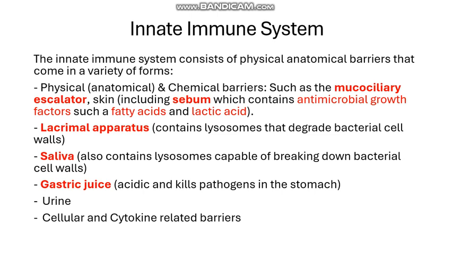So the innate immune system consists of physical anatomical barriers that come in a variety of forms. So these physical and anatomical barriers can be the mucociliary escalator, the skin, including the sebum, which contains antimicrobial growth factors such as fatty acids and lactic acid.